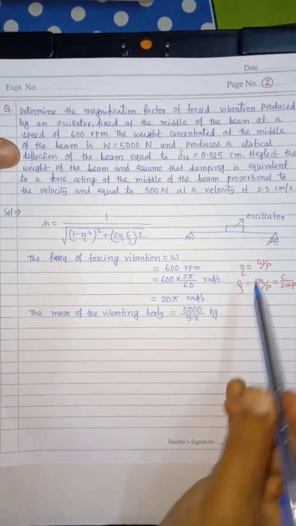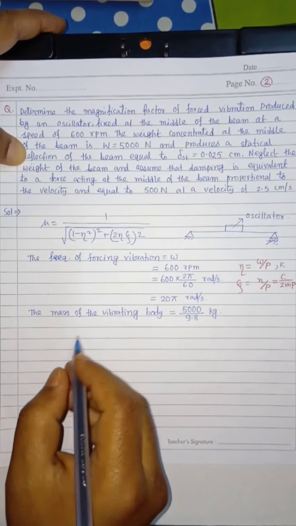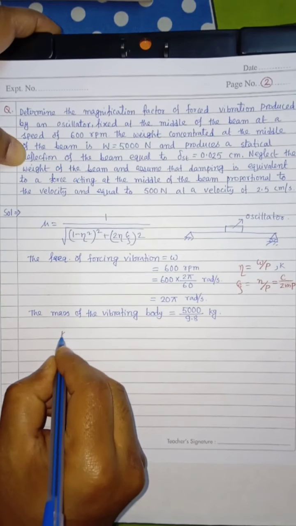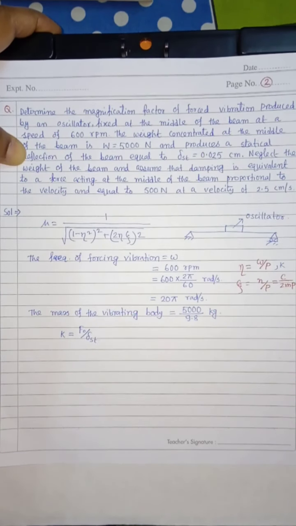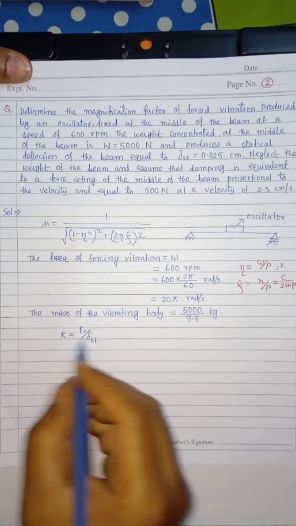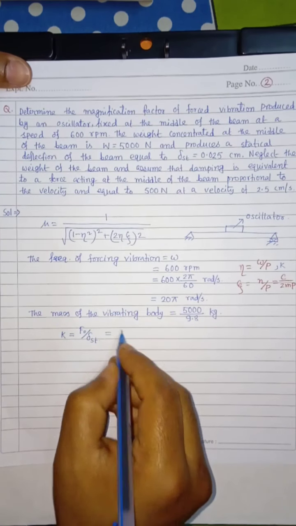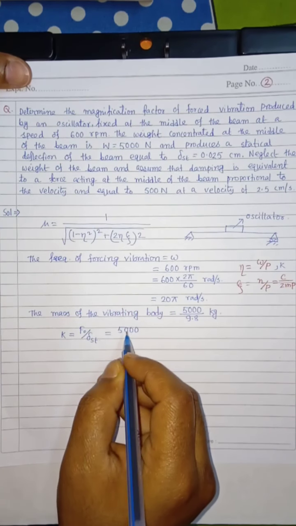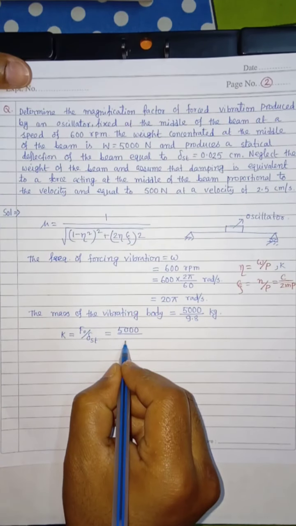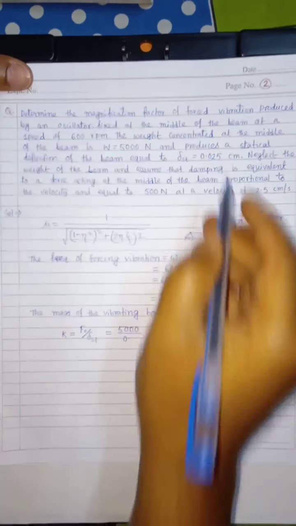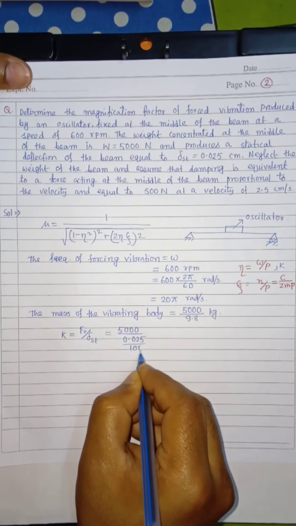Here we need k, and k can be found like this. k is equal to f naught by delta st. So f naught, the force of the oscillator, is equal to 5000 by this delta st. Delta st is 0.025 centimeters, so you have to convert it into meter.